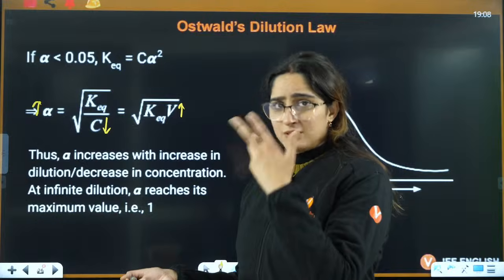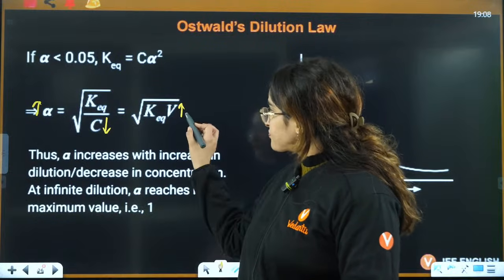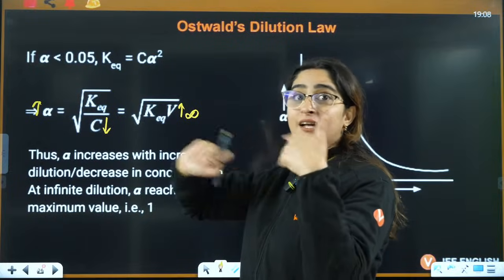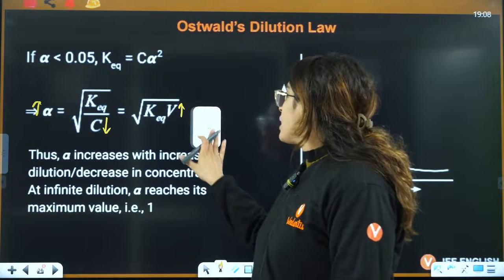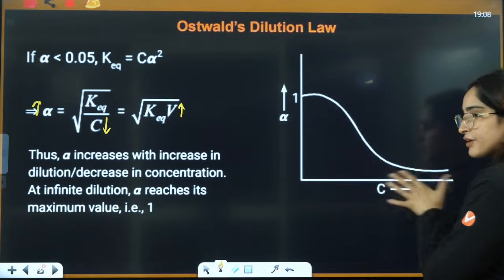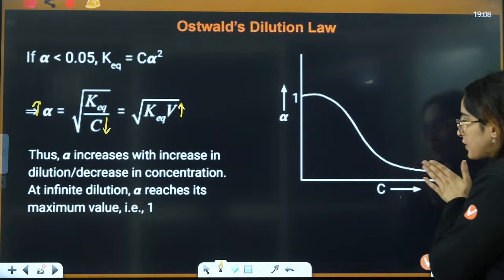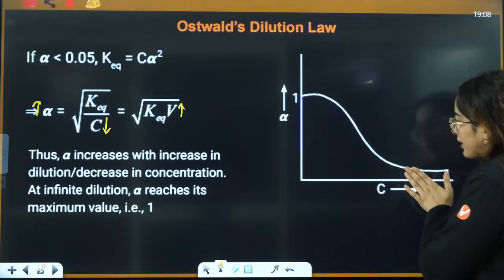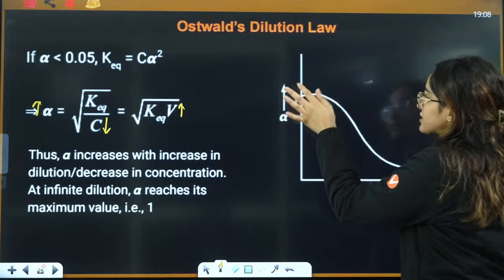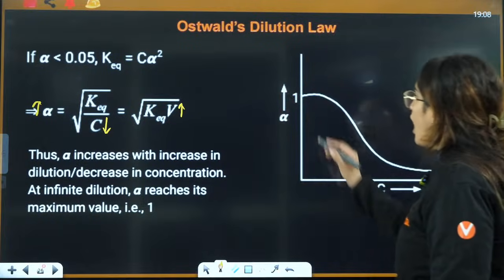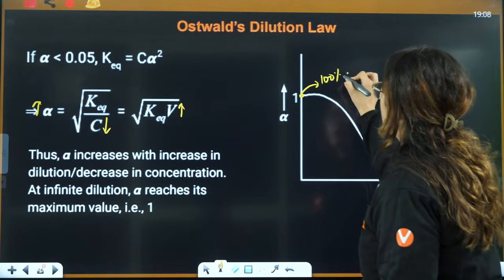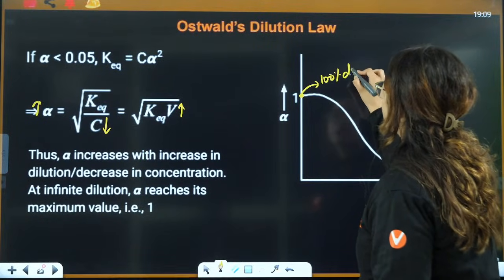Infinite dilution means the volume is going to be infinite, so alpha reaches 1, that is 100%, right? From the graph, we can see that as we decrease the concentration and increase the dilution, alpha keeps increasing, and it reaches 1, the point of 100% dissociation.